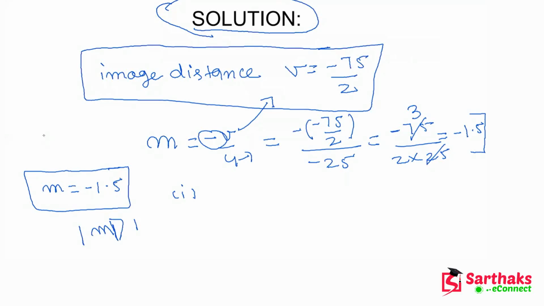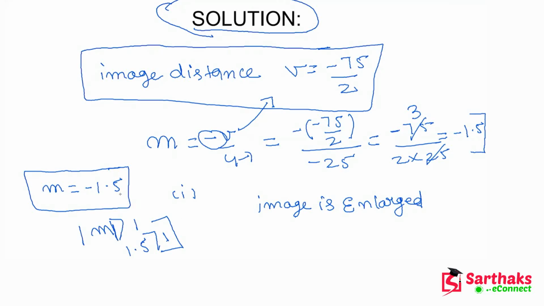It means here it will always give the positive result. So if you keep this value in mode, then it will give you 1.5. So 1.5 is greater than 1. That's why the image is enlarged, or you can say the image is larger than the object.